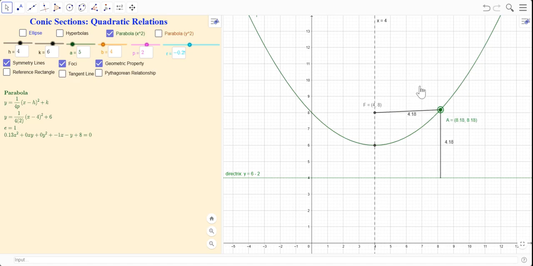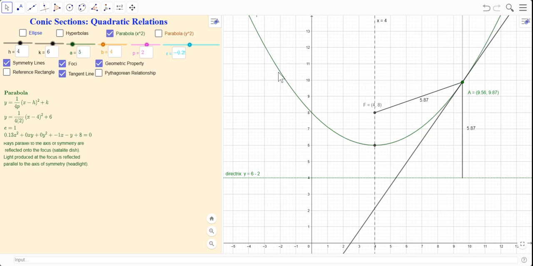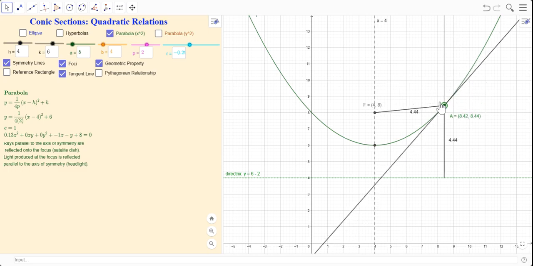Really nice reflective property is that if you take light, let's say, or sound that's coming in parallel to this axis, then when it hits the parabola, and I can show the tangent line here, it will bounce off at an angle equal to the one it makes with the tangent line.